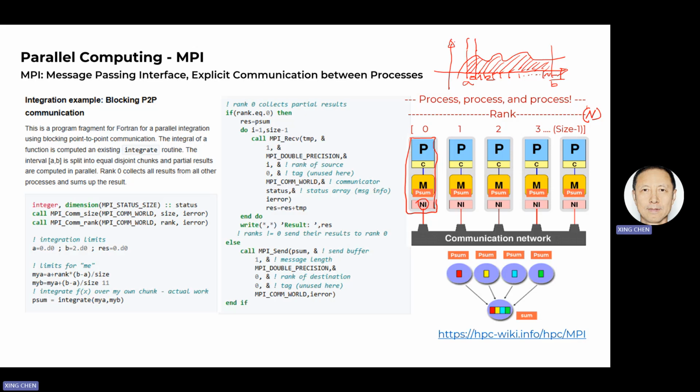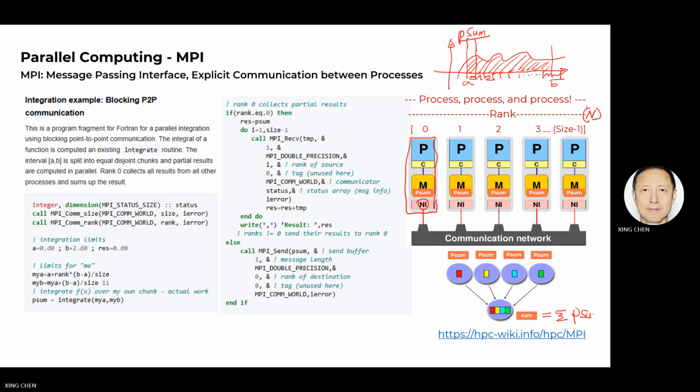The integration is called psum by each node, and it is stored in their memory. At the end, because you have multiple psums, if you have n nodes, you are going to have n psums, and the final result is the sum of all the psums.